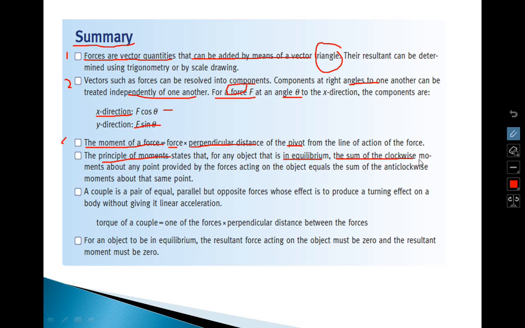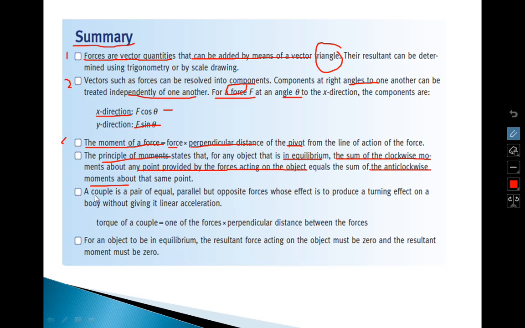The summation of clockwise moments about any point provided by the forces acting on the object equals the summation of anti-clockwise moments about the same point, which usually is the B foot, or point B. So the principle of moments states that for any object in equilibrium, the summation of clockwise moments is equal to the summation of anti-clockwise moments.